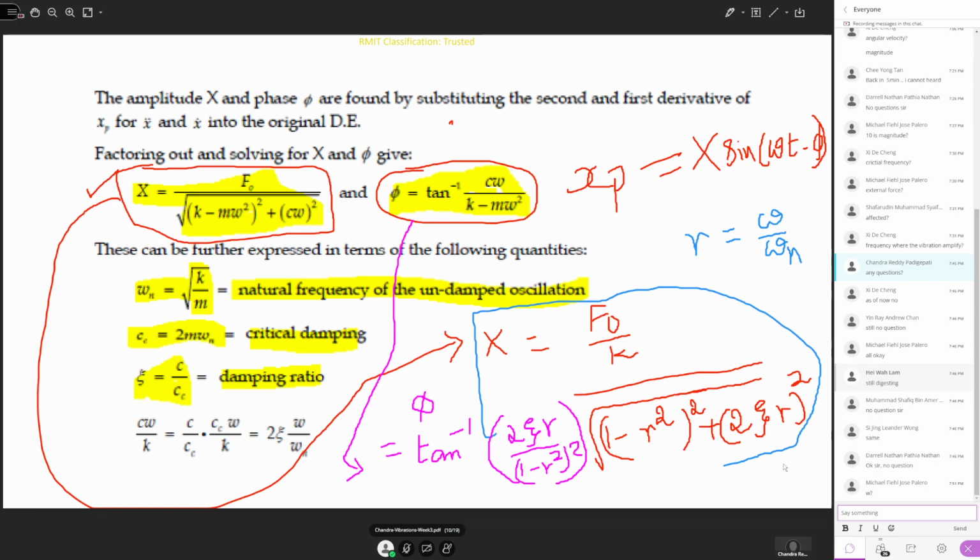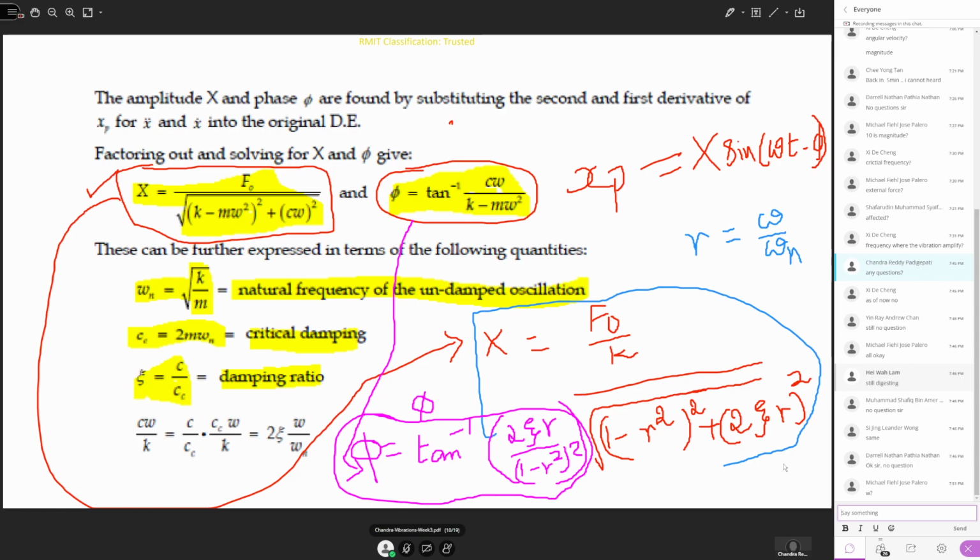So both equations are the same, identically equal. Only thing is, in this equation you don't have the damping ratio, eta, so we are now writing the phase phi by this expression, with the damping ratio eta. So guys, don't get confused.